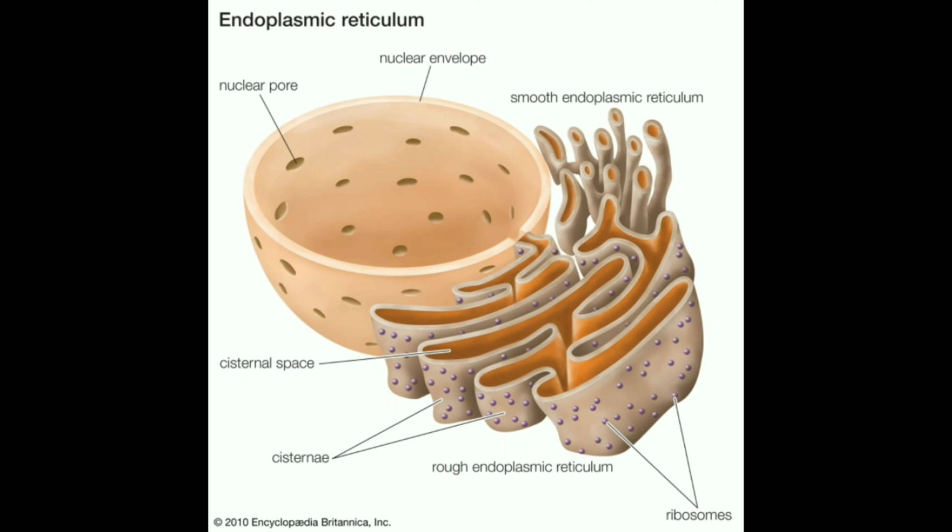And the second one, rough endoplasmic reticulum, areas or sections that have ribosomes. Rough endoplasmic reticulum is the site of protein manufacture, and smooth endoplasmic reticulum is the site for manufacture of fat molecules, that is fat and some sort of lipids.